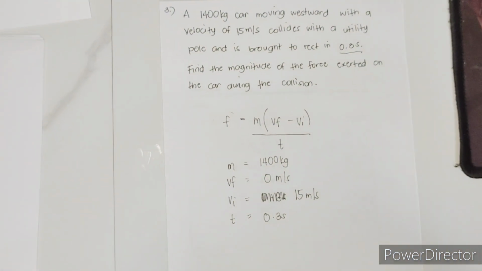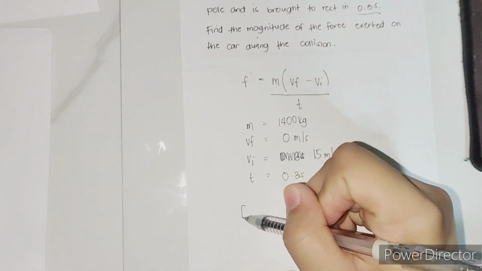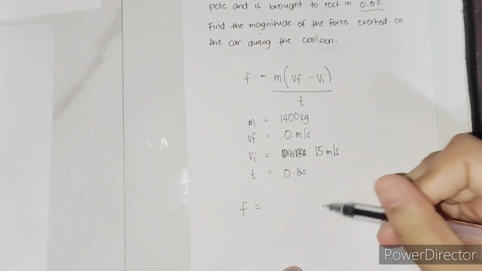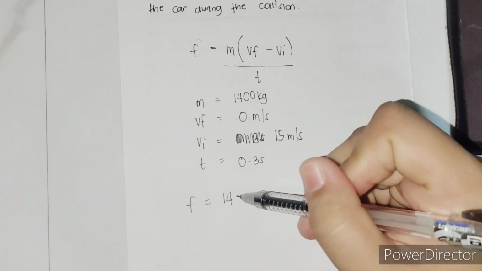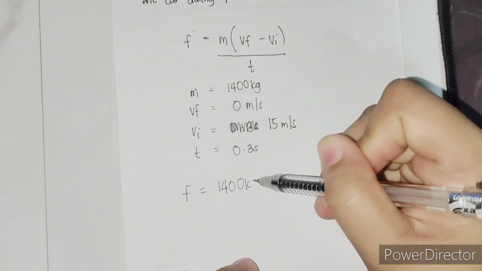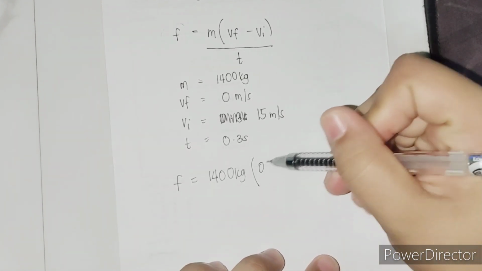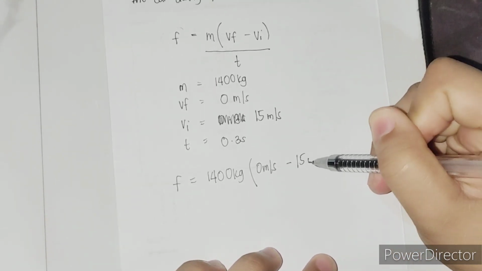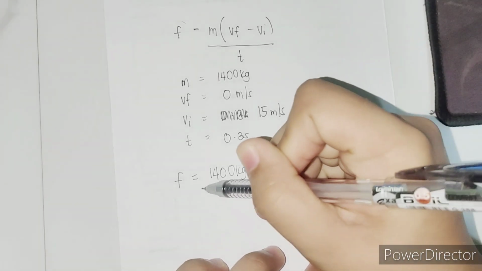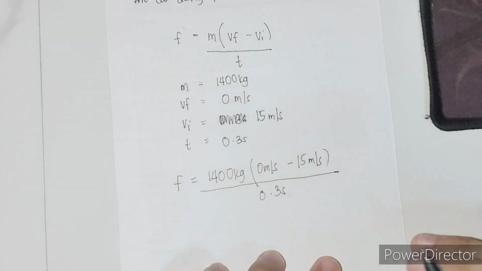So, since kompleto na, pwede na natin siyang i-substitute. F now is equal to, ano pong ating M? 1,400 kilogram times final velocity natin, 0 meter per second, minus initial velocity is 15 meter per second, all over ang time natin which is 0.3 seconds.